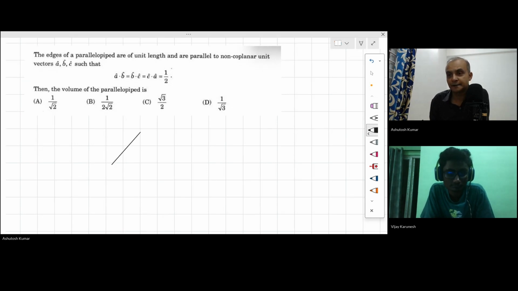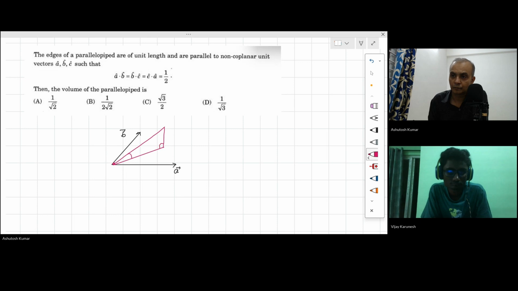So notice that I'm taking the vector A here. I mean this is vector B, and I'm taking a vector C like this, which is making an angle theta, and this vector is nothing but the bisector, because this is the same length.